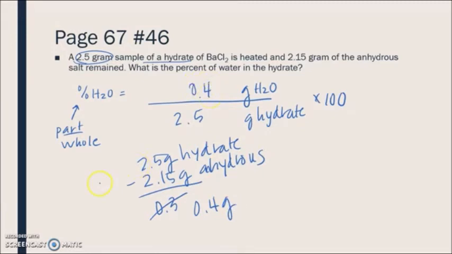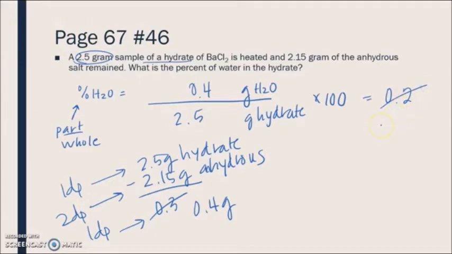Remember, there's one decimal place in this number, there's two decimal places in this number, so only one decimal place in that answer. So 0.4. Then you plug that into your calculator, and you need 1 sig fig, so multiplied by 100. You're going to get 20%.